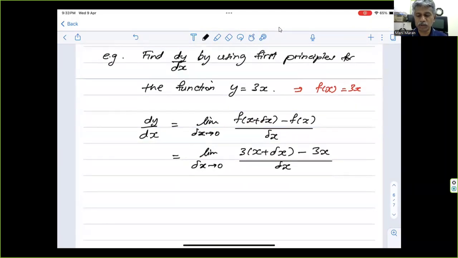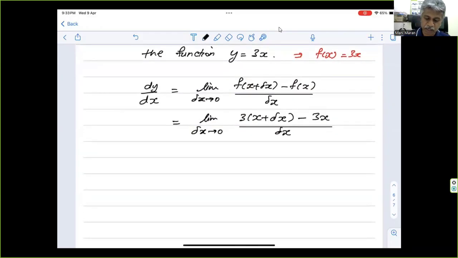So what we are doing here, we're just substituting x by x plus delta x. Everything inside there. The 3 will remain there. And then this function is the same function here, it comes back here. And then the next part is just to expand the function. So you've got limit delta x approach 0. So this will be 3x.